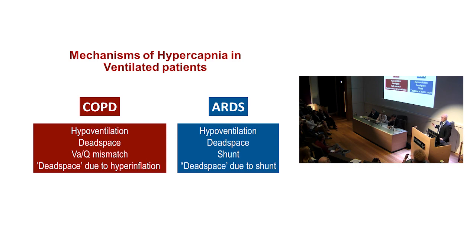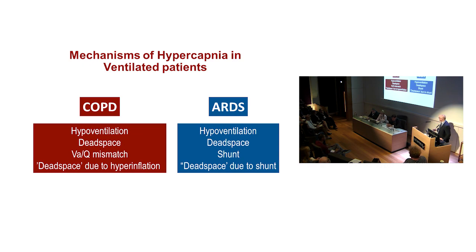I don't need to go through these, but essentially you'll see that the mechanisms for hypercapnia in COPD and ARDS are sometimes very similar. Alveolar hyperventilation, I'm talking about, more than reduced minute ventilation. Dead space, VQ mismatch and shunt. And then there is this one here, which is a functional dead space.